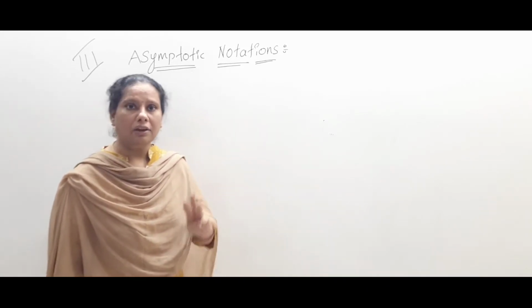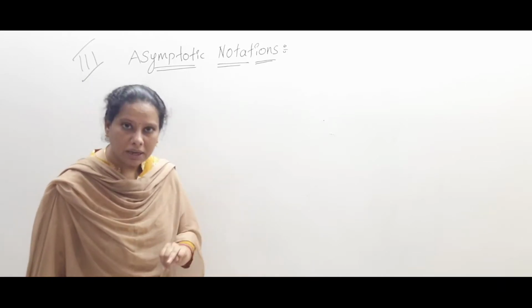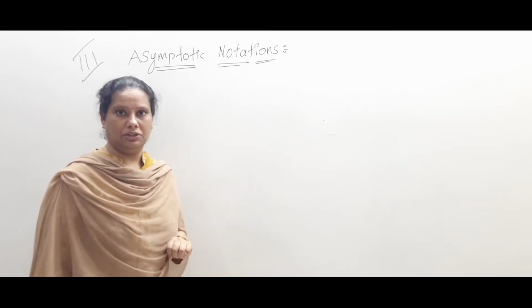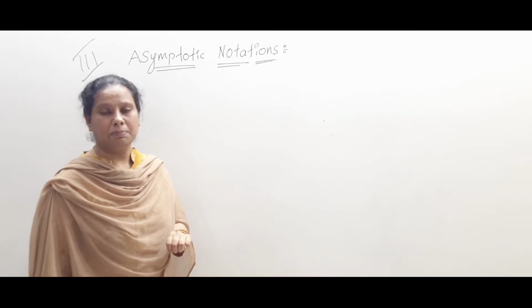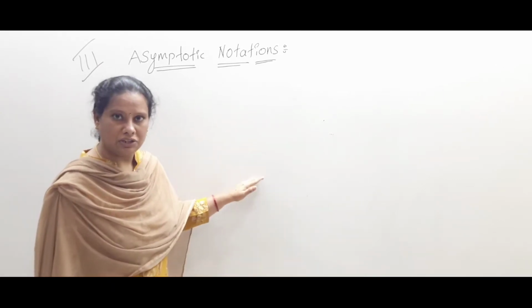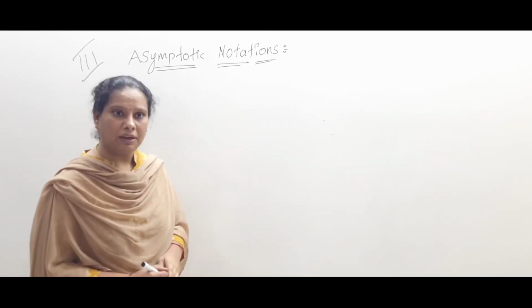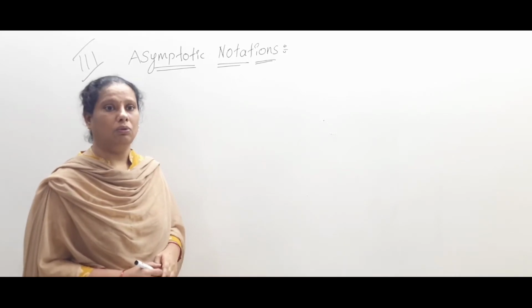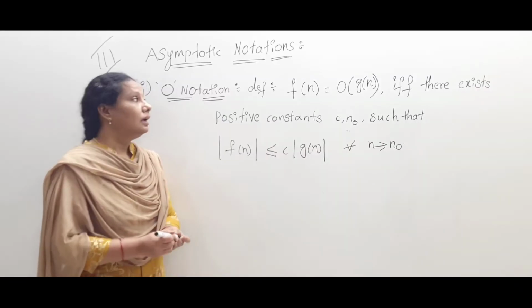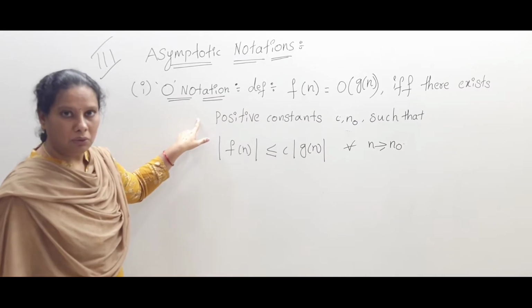The notations are O notation, omega notation, theta notation. Now I'll explain one by one. The first one is big O notation. So this is your big O notation.